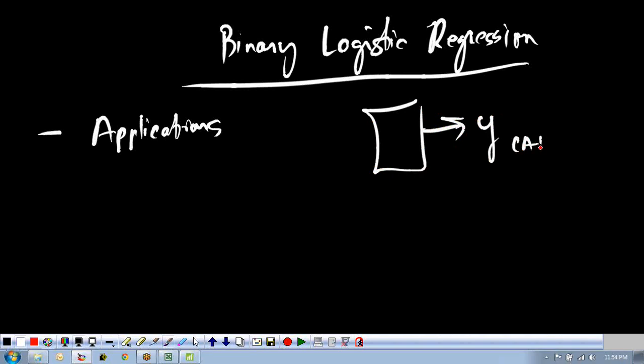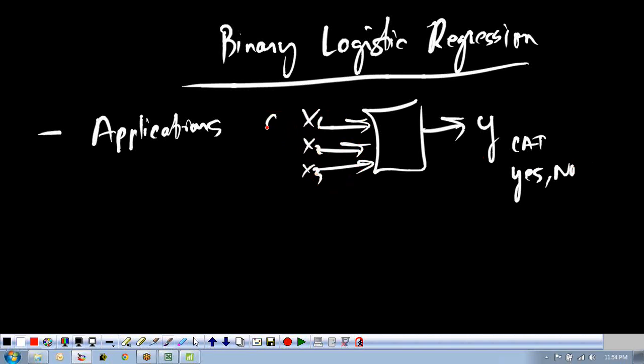It's categorical, but particularly it's a yes or no variable, and I can have multiple x's of any sorts, x1, x2, x3, and these can be categorical or numeric, whatever I wish. Lots of different applications of that, from healthcare to manufacturing to elections to financial services. Applications everywhere. This is a case where you have an outcome that either happens or it doesn't.